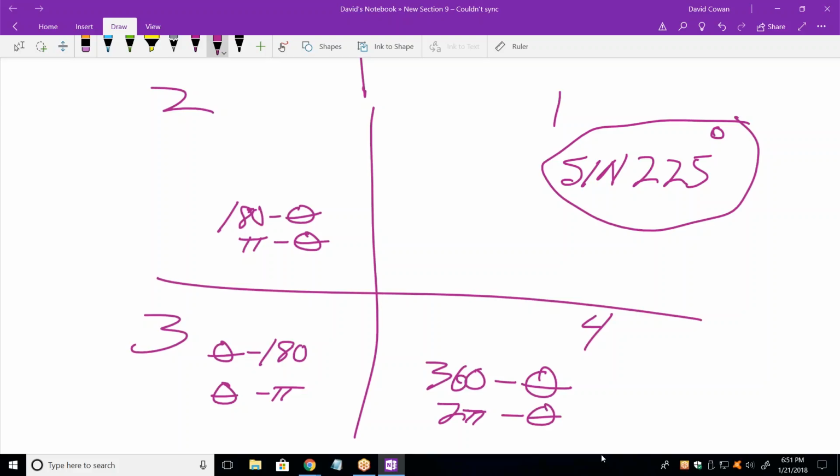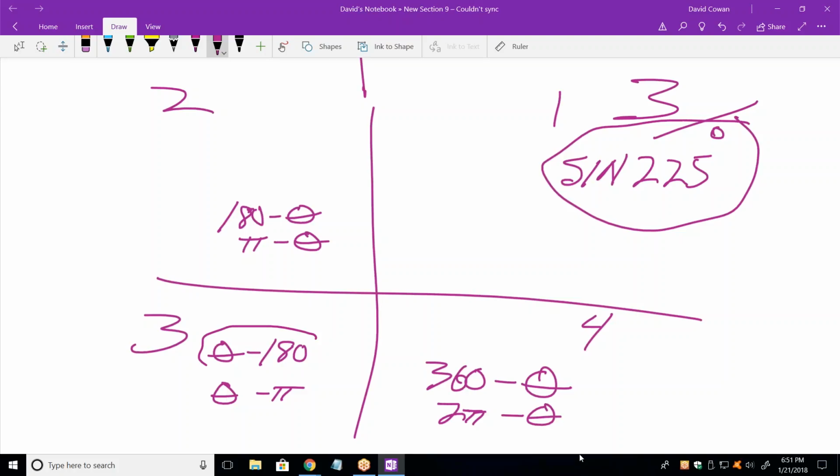Yeah. As opposed to the way I do it, which is I always try to figure out what the equivalent first quadrant angle is. And I do it by using one of these formulas. In other words, that's in the third quadrant, right? So 225 minus 180.